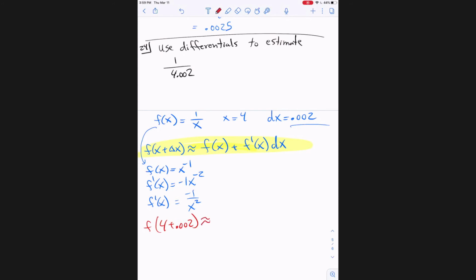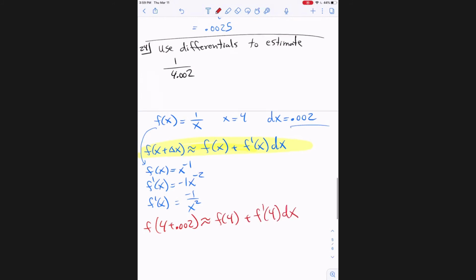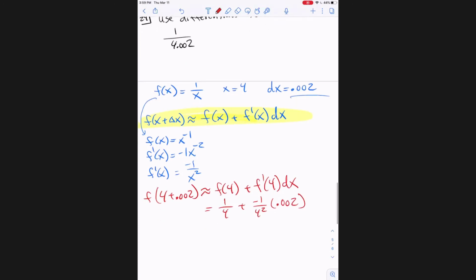That's approximately equal to f of 4 plus f prime of 4 times dx. What's f of 4? 1/4. What's f prime of 4? Negative 1 over 4 squared. You just plug it into the derivative. What's dx? 0.002.